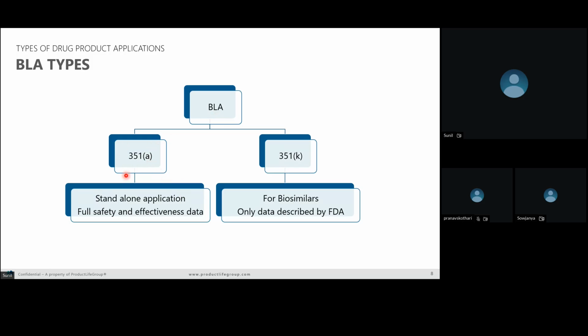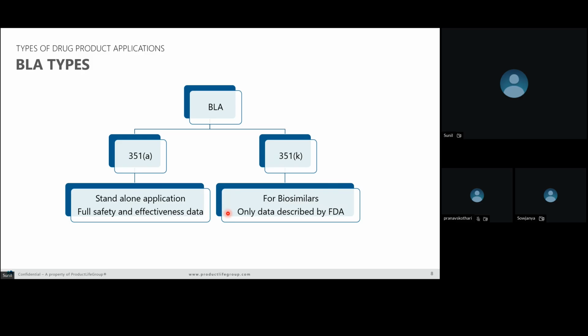351A is for totally new innovative biologic products, and 351K is for biosimilars, where you do not have to do all the clinical trials from phase 1 to phase 3. You only have to do certain clinical trials, and that's why they are called biosimilars.